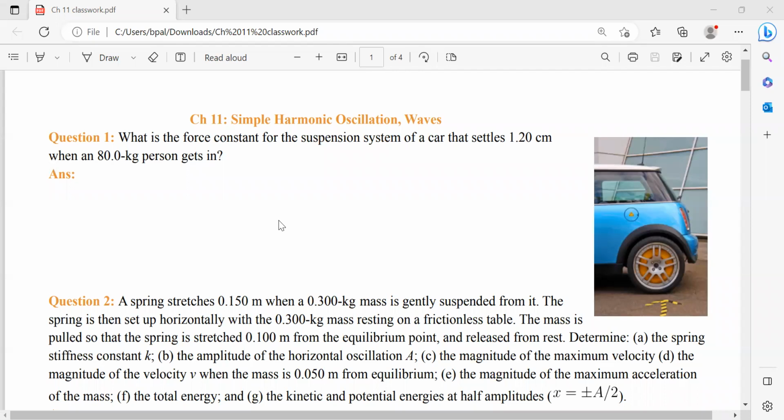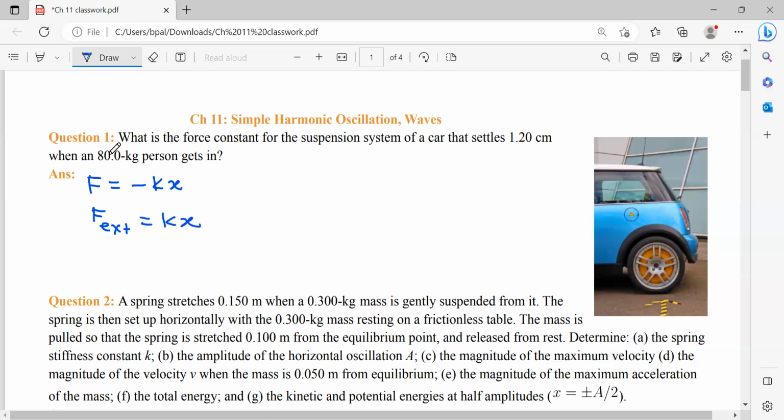If you remember, the force constant is basically the spring constant or spring stiffness constant. Let me write down Hooke's law. Hooke's law tells us that the restoring force is equal to minus Kx, and the external force is equal to Kx.